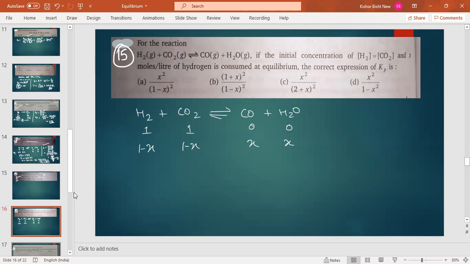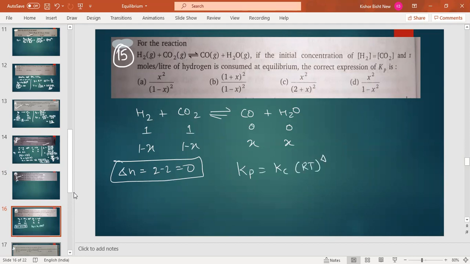So now here we need to find out the value of Kp. Here all are in the gaseous state. So delta n is equal to product moles minus reactant moles, which is 2 minus 2 equal to 0. So now you know that Kp is equal to Kc into RT to the power delta n. So Kp is equal to Kc because delta n is equal to 0.